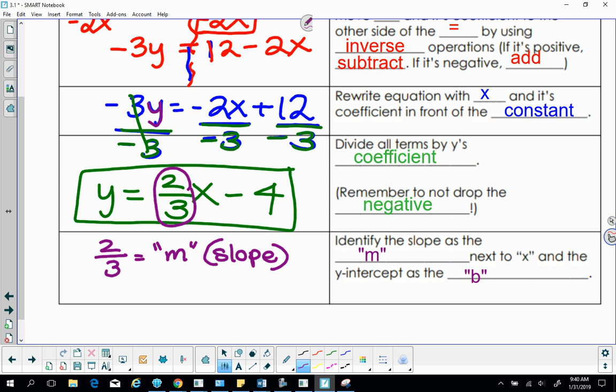My y-intercept, or my b, is going to be right here, the constant. And don't forget about the sign. So negative 4 is going to be my b, or my constant. We're going to get more into that next class, but we want to start being able to identify what's our b and what's our m.